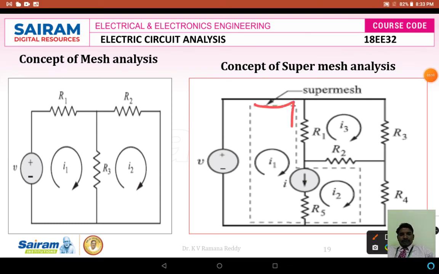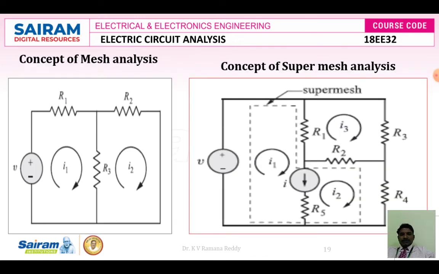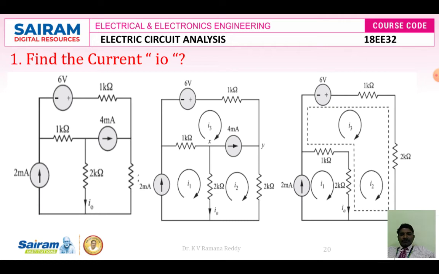So in this way I apply KVL in combination of mesh 1 and mesh 2, hence that equation is called the supermesh equation. By solving those three equations we find the three unknown currents by applying this supermesh analysis technique.